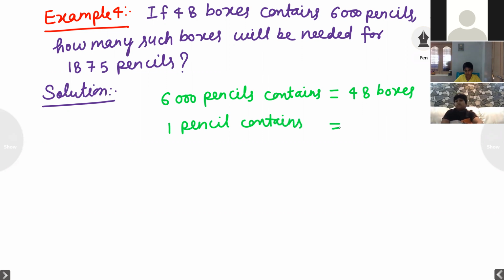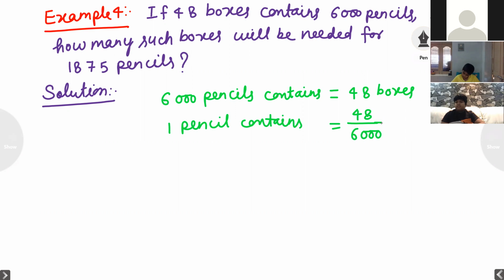Multiplication or division? Division. 6,000 to 1 is decreasing, which means division. 48 divided by 6,000. We will not divide or simplify yet, I am only writing.